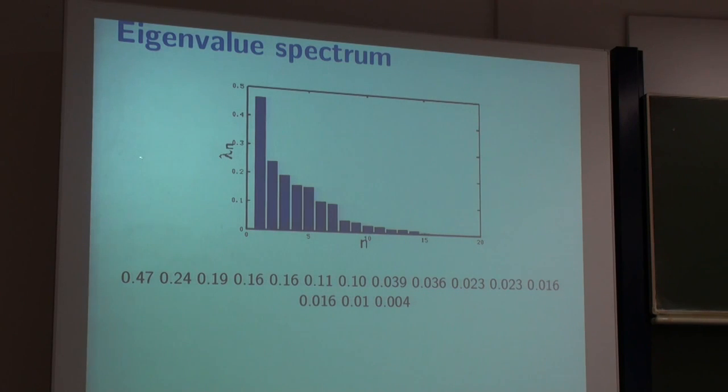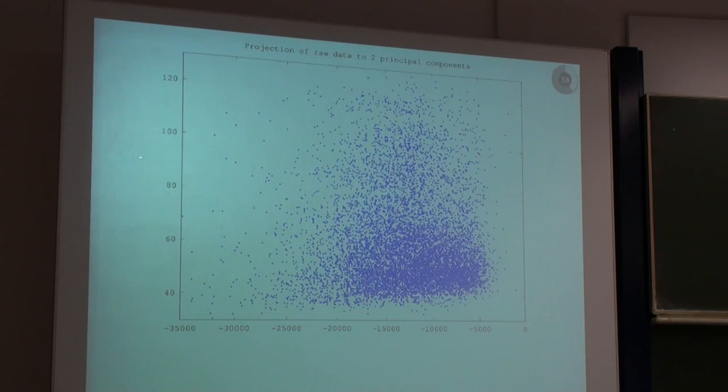Now if we do this with the raw, not normalized LexMate data, we get this plot. Here you don't see much structure. It looks like an almost random distribution of points.